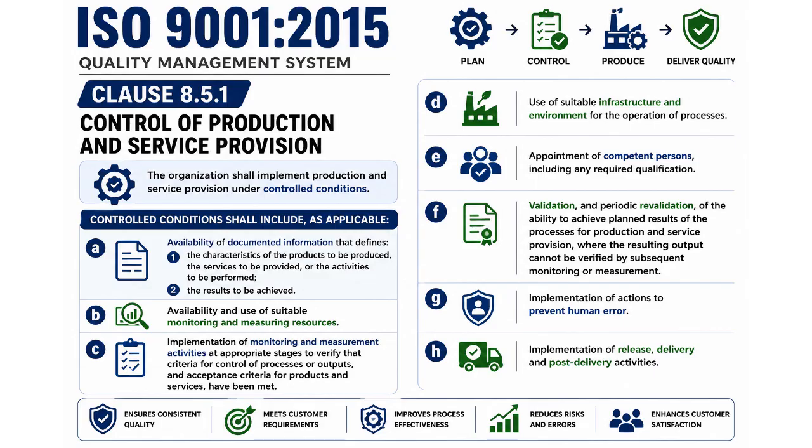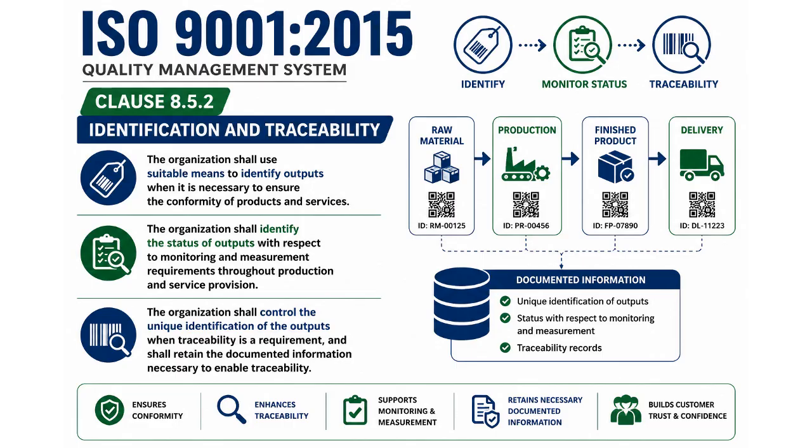product and services. Subclause 8.5.2 focuses on identification and traceability, ensuring products and services are properly identified throughout production and service provision. Organization must use suitable methods to identify outputs wherever necessary to maintain conformity with specified requirements.